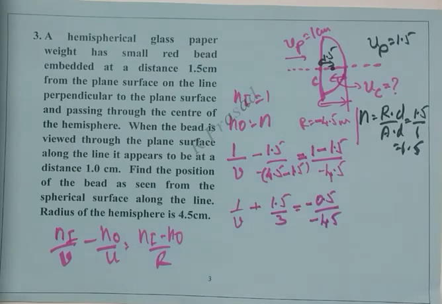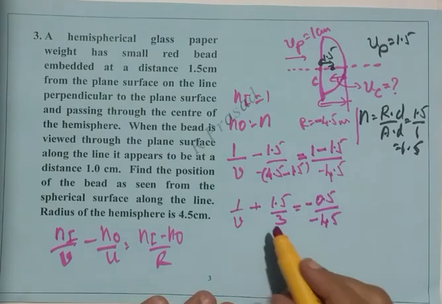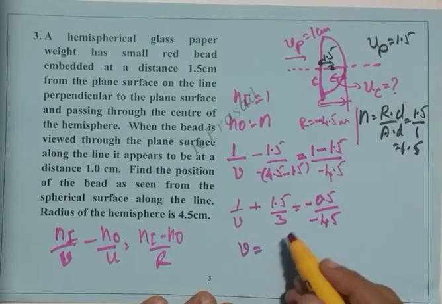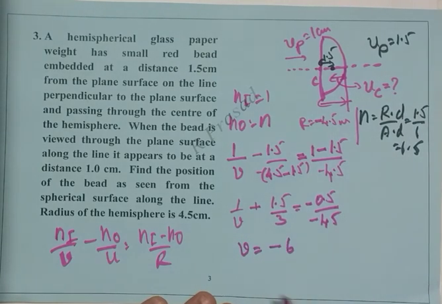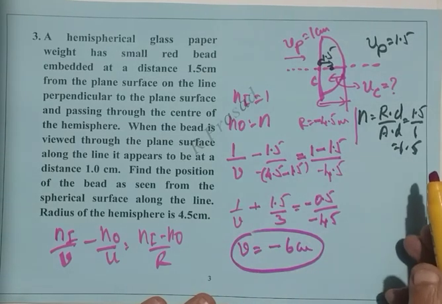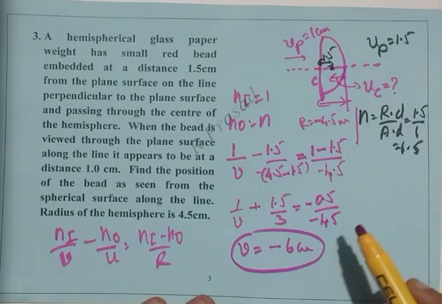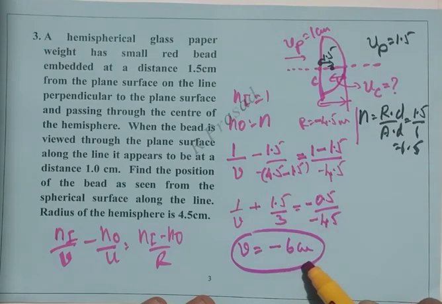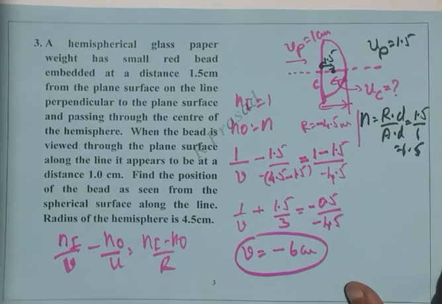With all these things, we get the final answer as for V as 6. That is minus 6. You can calculate that 6 centimeter. That means when we view it from the curved surface side, the image appears to be at 6 centimeter. So that is the third problem.